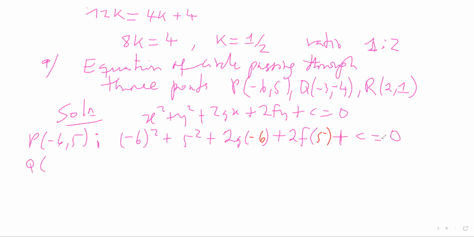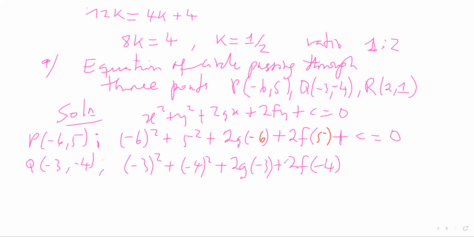Then you take Q, which is (-3, -4), and then you have (-3) squared plus (-4) squared plus 2g(-3) plus 2f(-4) plus c is equal to 0.